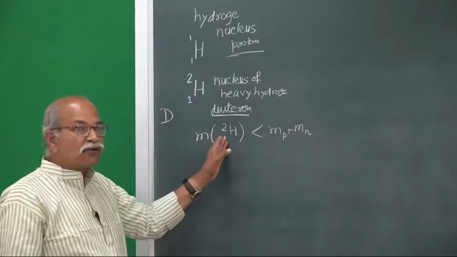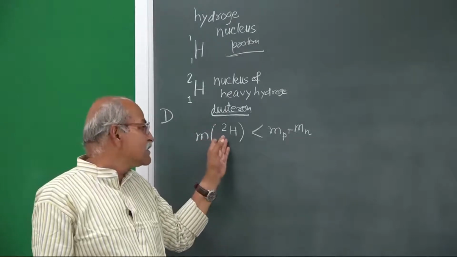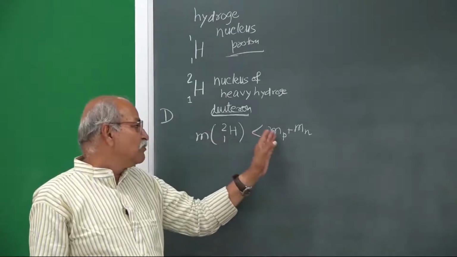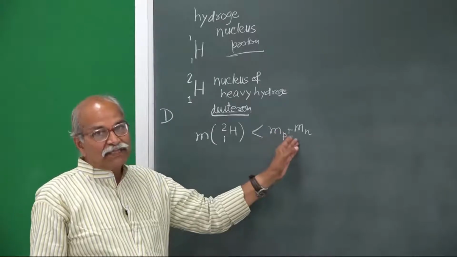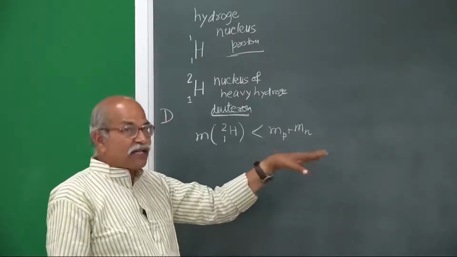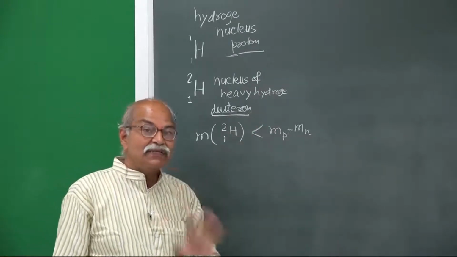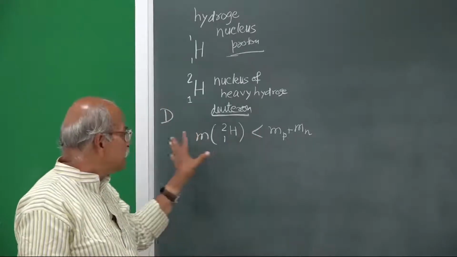It contains 1 neutron and 1 proton, but still its mass is less than the sum of the masses of these two, and the difference is about 2.2 mega electron volt divided by c square. Mass is energy divided by c square. So, that is how things work.